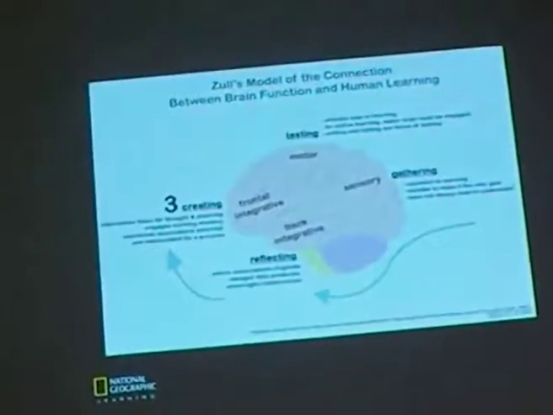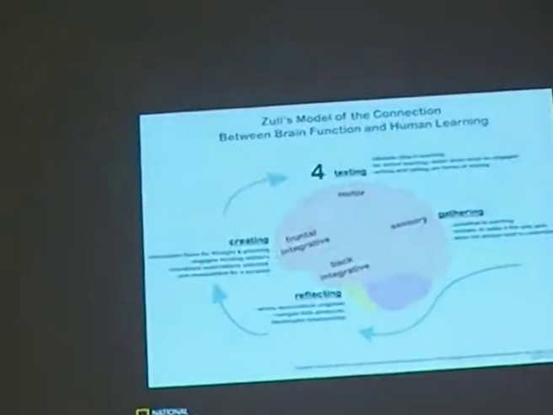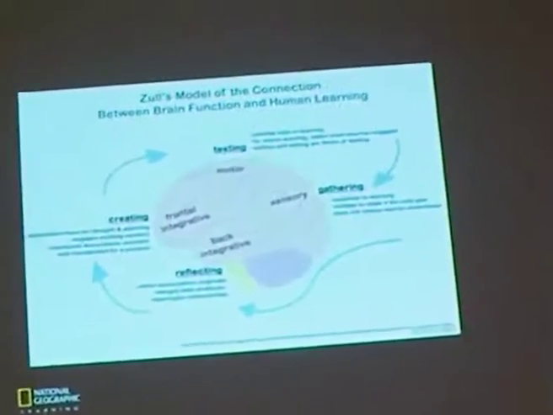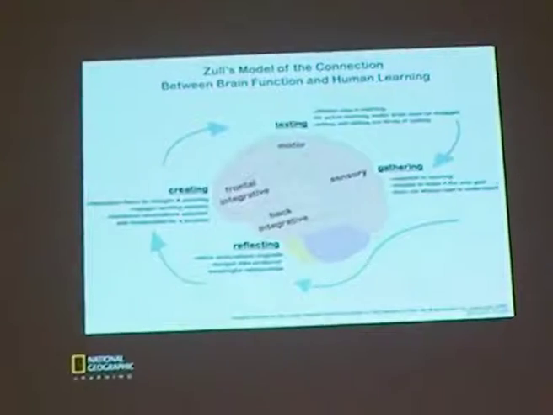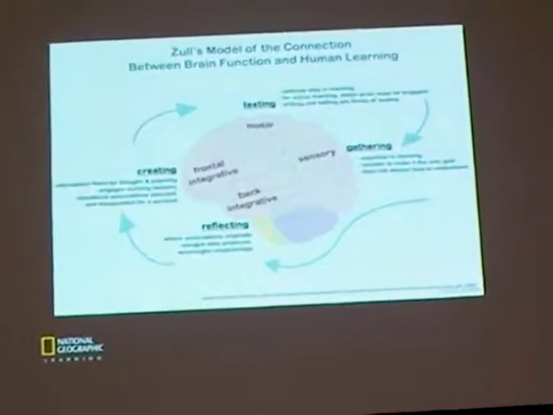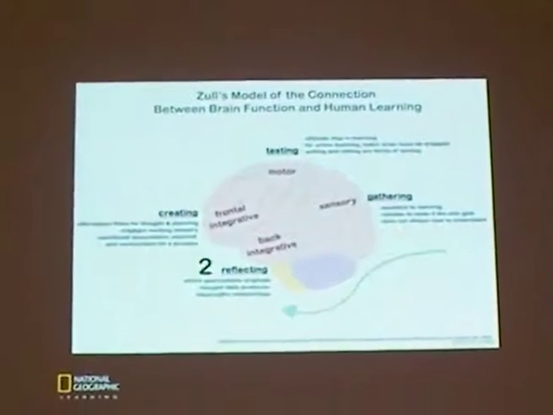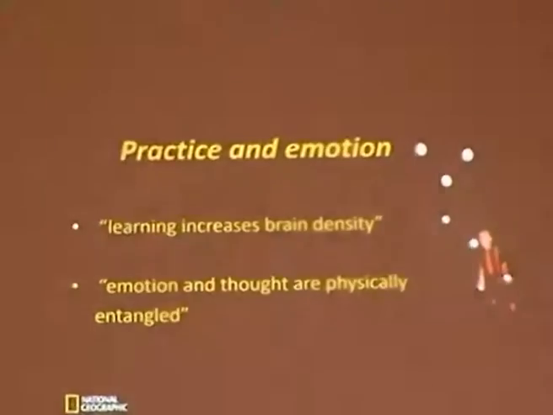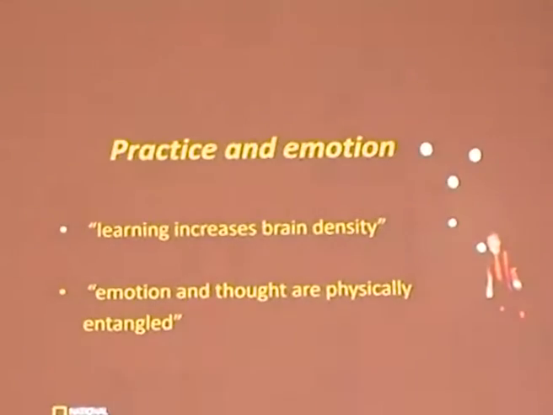So for those of you who are more visual, this is how it works. Gathering information, reflecting on it, creating, and then by the time it gets to the testing, then they can produce and talk about what they've already seen. Yeah? So that makes a lot of sense in our language classroom and why the image helps so much. Of course, we can help our brain get faster at this.